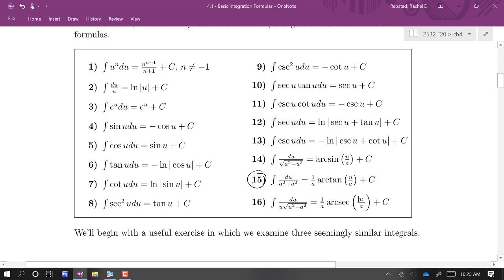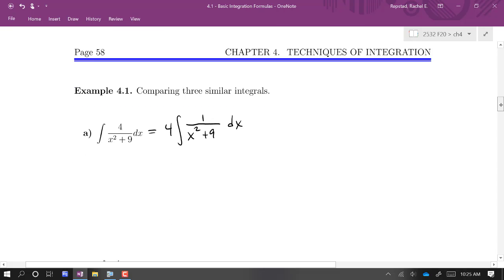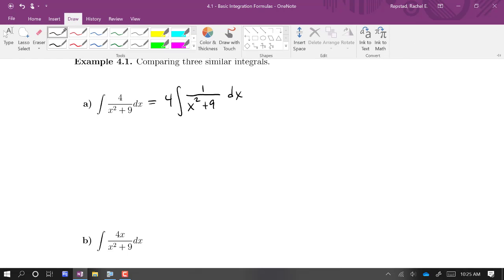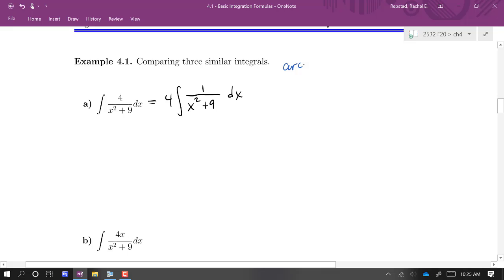This is an arctan formula, or arctan form, where u is equal to x, so that du is dx, and a is equal to 3.